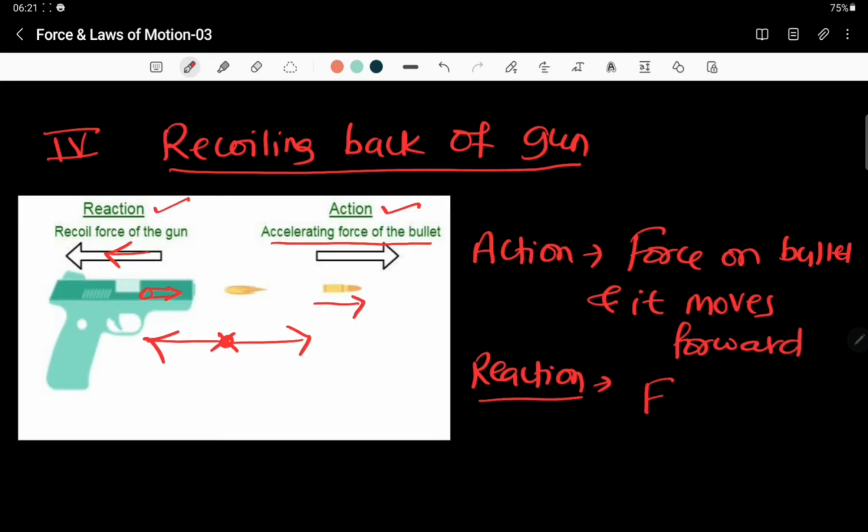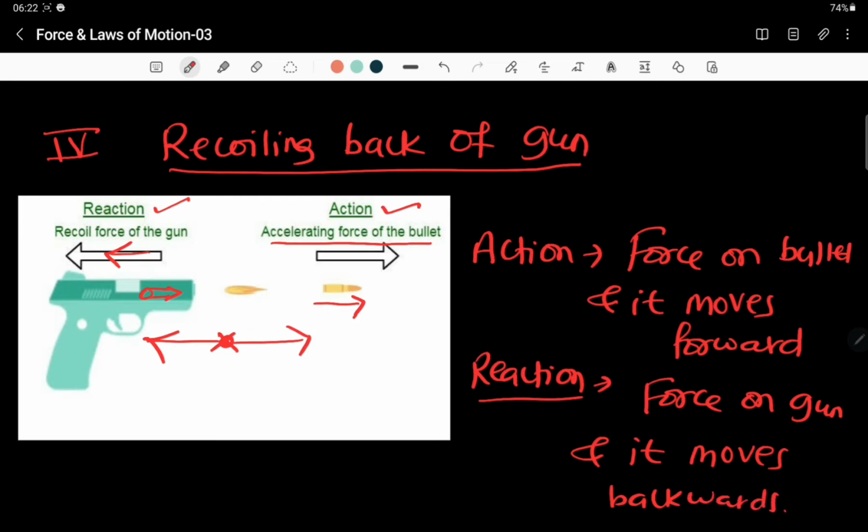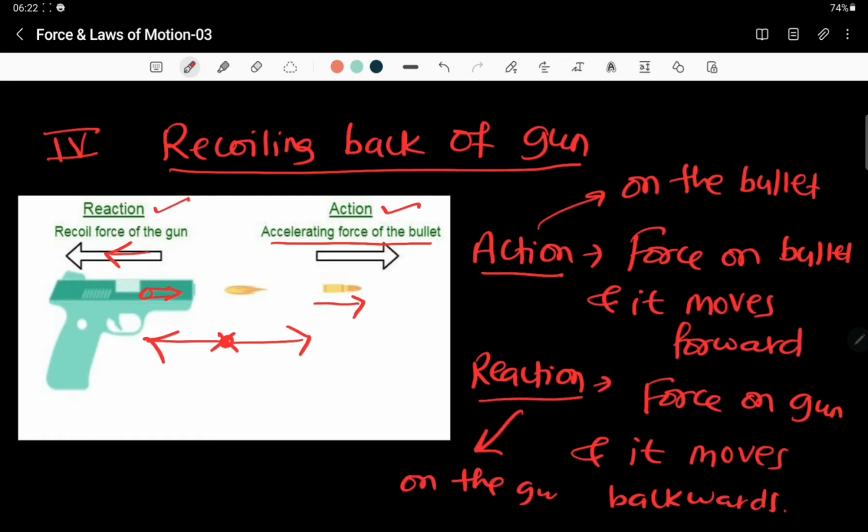Reaction means a force on the gun, and it moves backwards. So like that you should be able to recognize what is action and reaction. So action is on the bullet, and reaction is on the gun. As I have already told you, action and reaction act on different bodies.